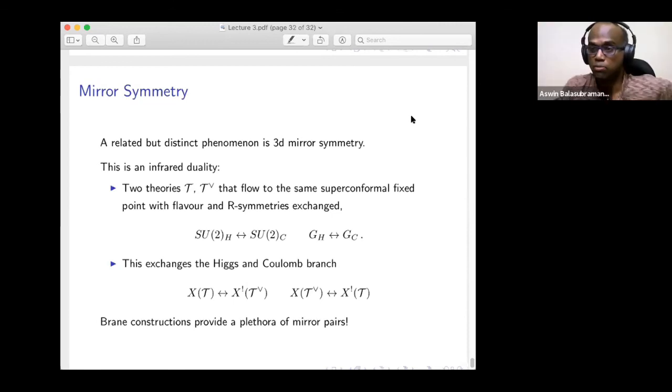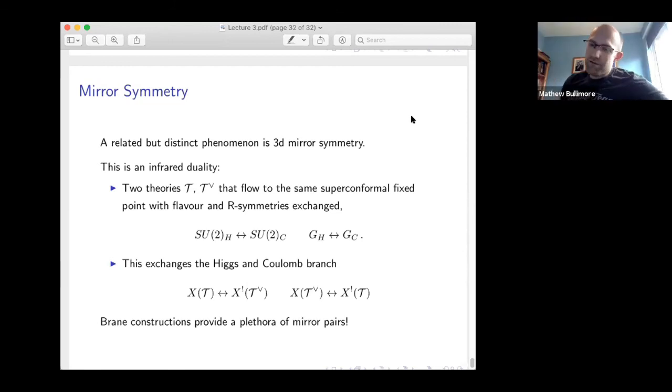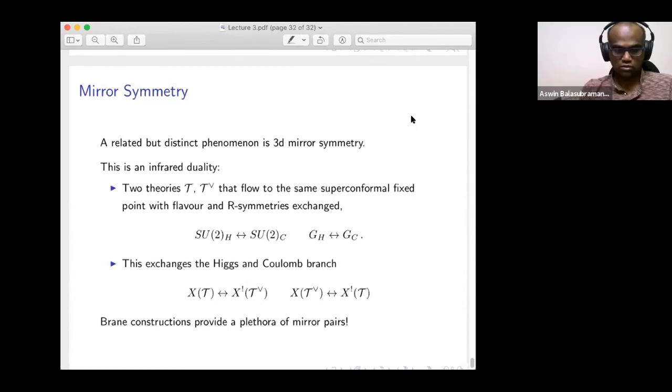But if you had complex masses or complex FIs, that would change. Indeed, if you were to turn on a complex FI parameter, you would see it. Absolutely.